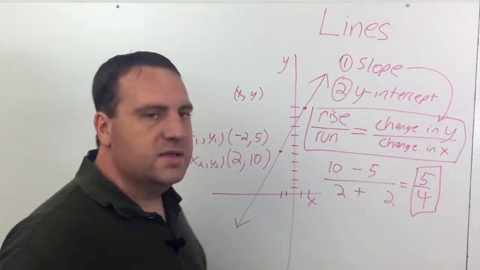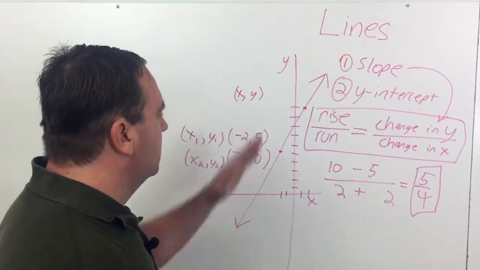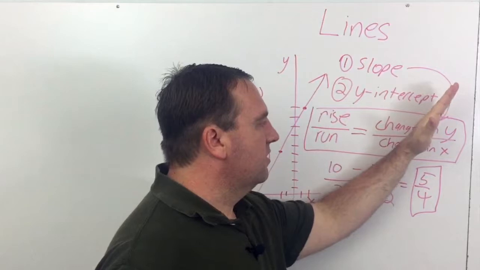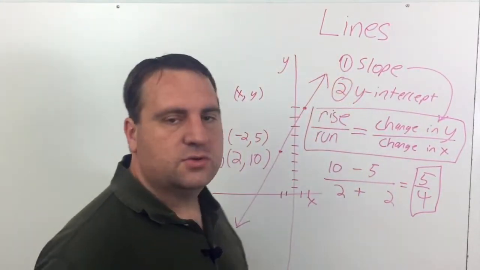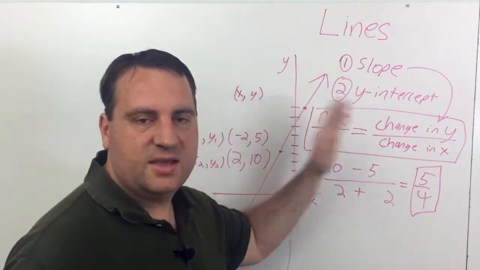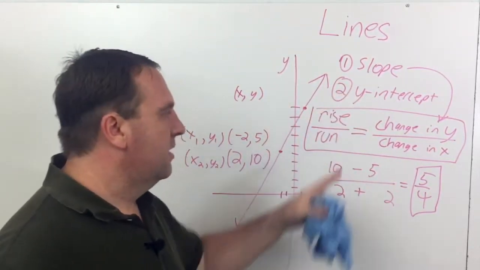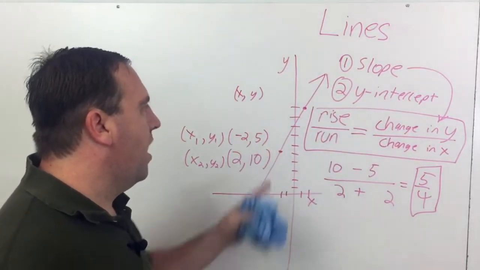So then, what is the y-intercept? Notice we could have a line that was this slope. We could have it over here, we could have it over here, we could have it over here. There's all sorts of places that we could put a line with the same slope. So what distinguishes this particular line is we can identify it based on where it crosses the y-axis.